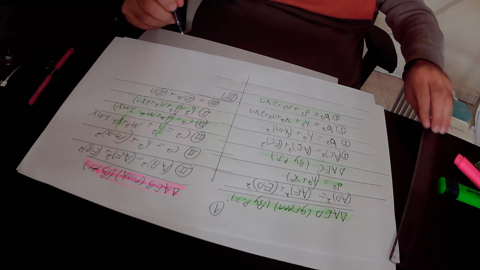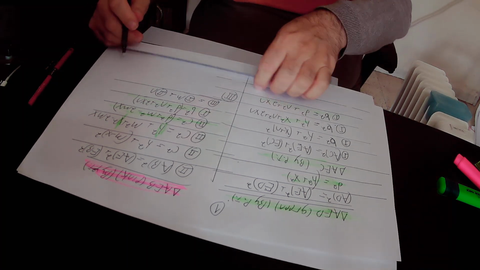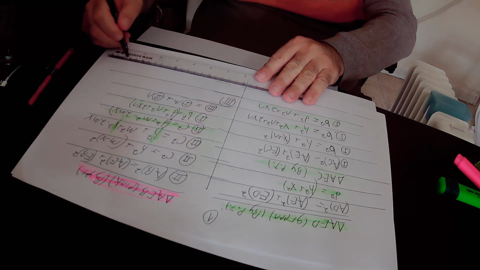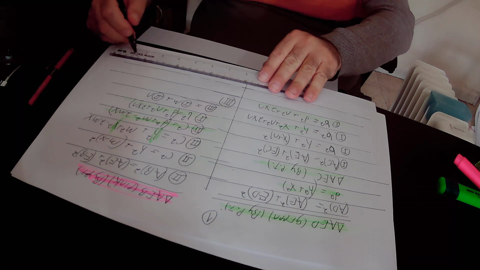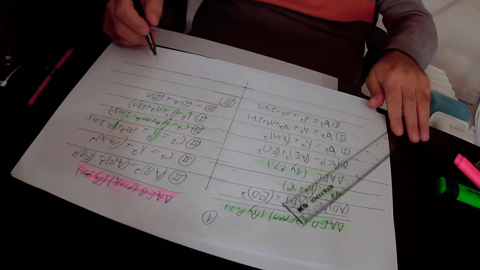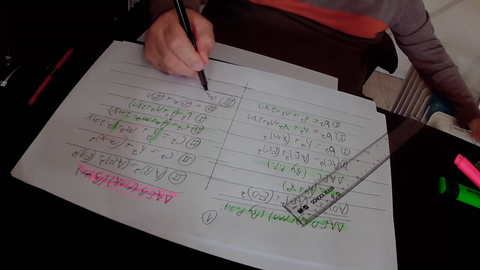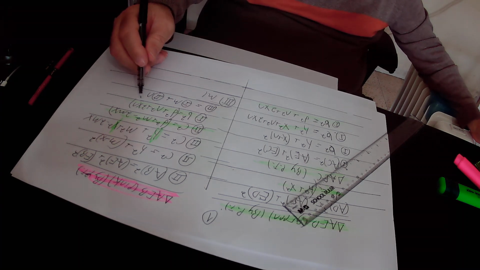So first of all, we will multiply the right side of equation number 1 by m. This is the right side of equation number 1.